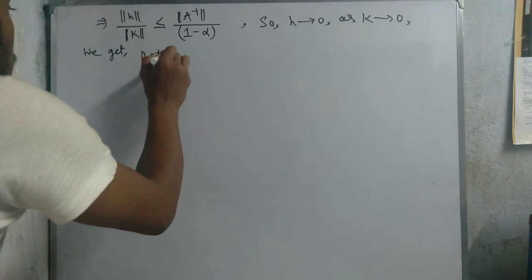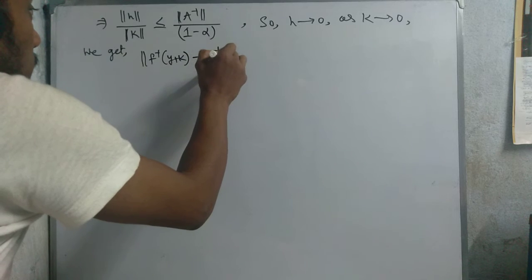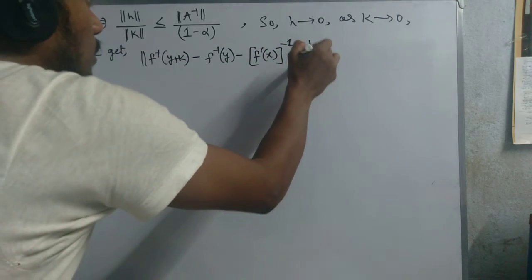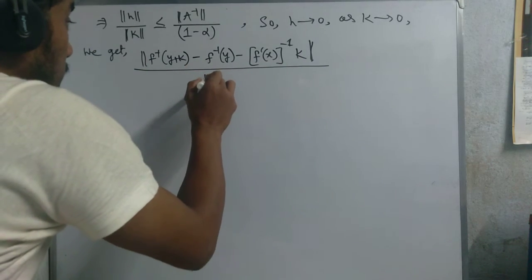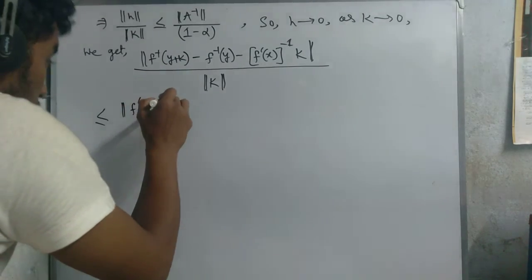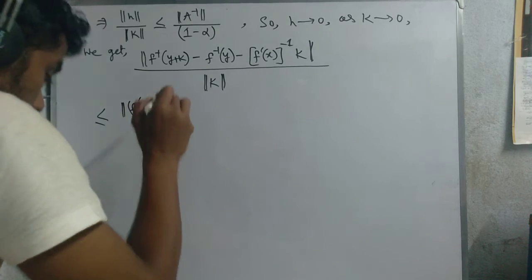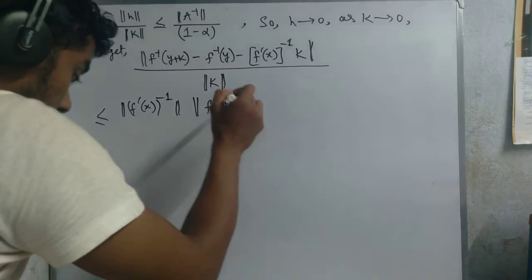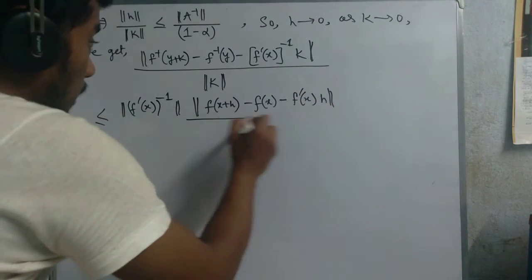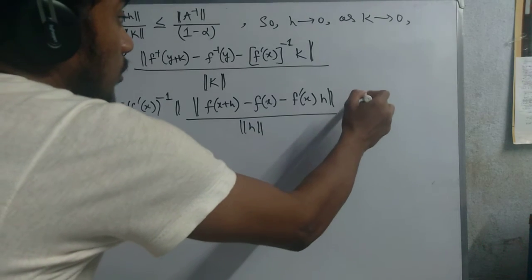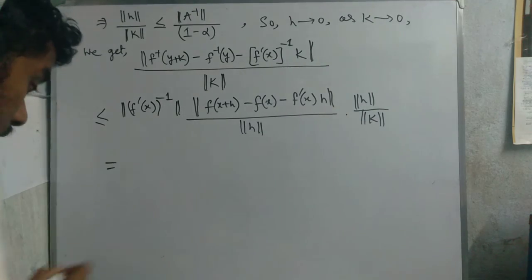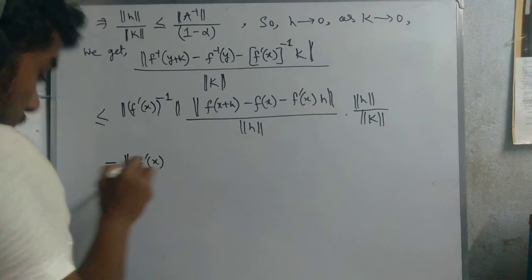the norm of f⁻¹(y+k) − f⁻¹(y) − (f'(x))⁻¹k, divided by the norm of k, is less than or equal to the norm of (f'(x))⁻¹ times the norm of f(x+h) − f(x) − f'(x)h, divided by the norm of h, times the norm of h by the norm of k.